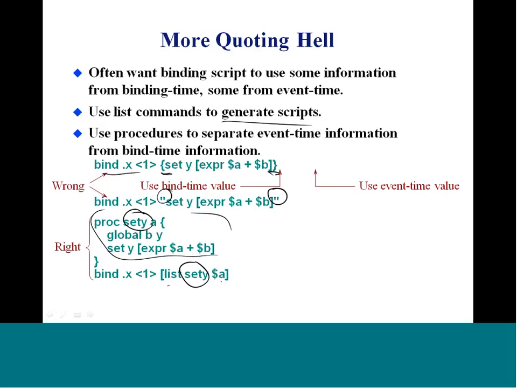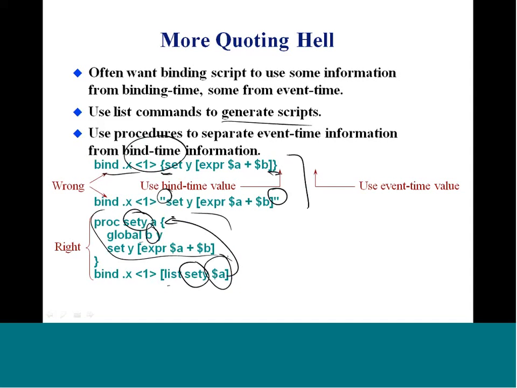That way we ensure that we pass this from the event into this procedure and then the other expressions are coming from the bind time information. No, it is the bind time itself. So the values are set there.